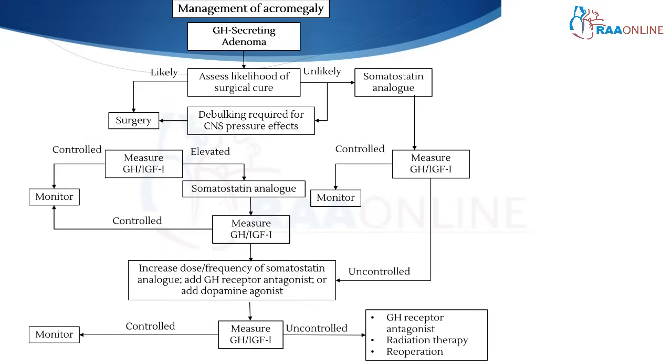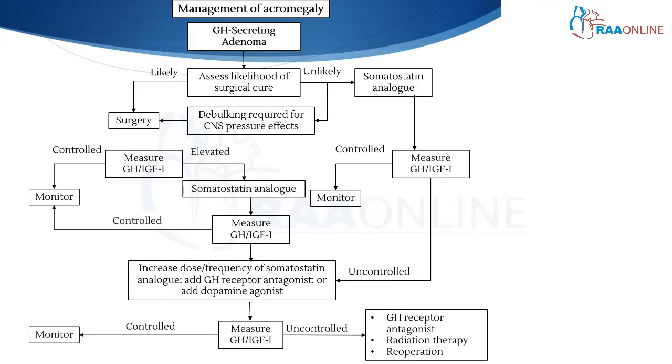So, I know this flowchart looks highly complex, so let's quickly break it down and make it easier. Now, whenever you have a growth hormone secreting adenoma, as I said, the treatment of choice is going to be surgery. And when you've decided for surgery, you're going to measure the growth hormone and the IGF-1 levels.